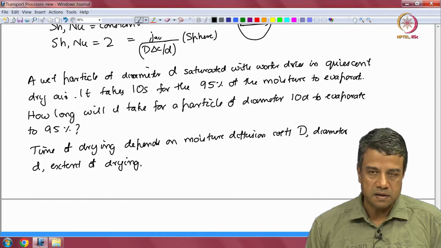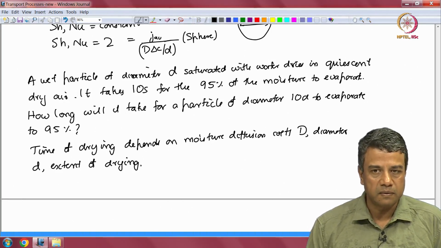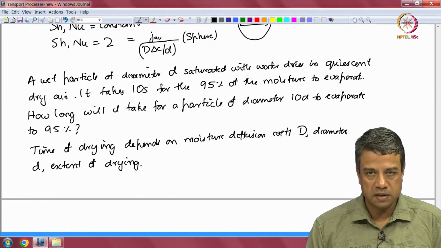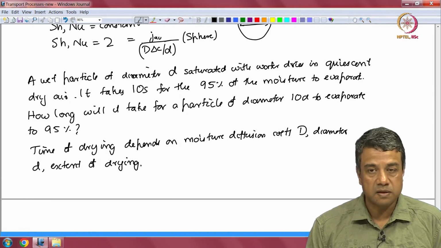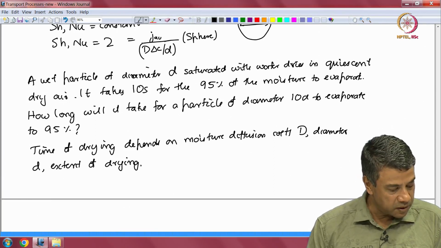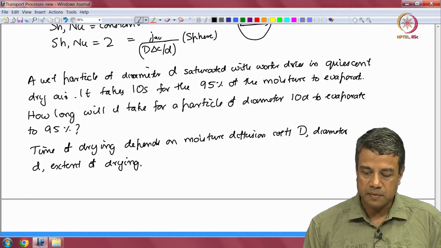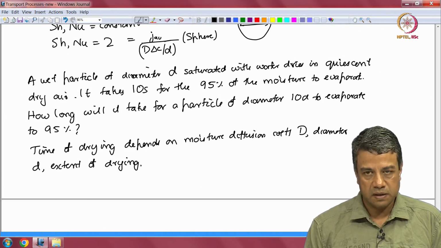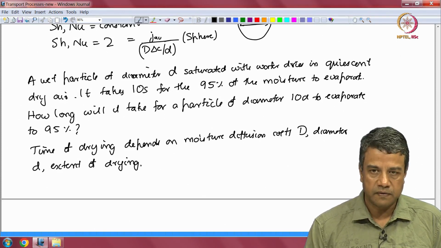The difference in concentration between the surface and the bulk of the quiescent air is the same in both cases. The only thing you are changing is the diameter of the particle, and you are asked to find out what is the time required for drying. So, therefore, the dimensional parameters are the diffusion coefficient D, the diameter d and the time of drying.